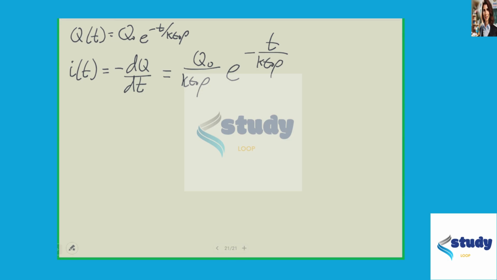And now finally, the last step is to just compute the density. So this is straightforward because we just divide that by the area. So the final answer is we have K epsilon naught rho A downstairs, Q naught upstairs, and then e to the minus t over K epsilon naught rho. So there's the conduction current density.